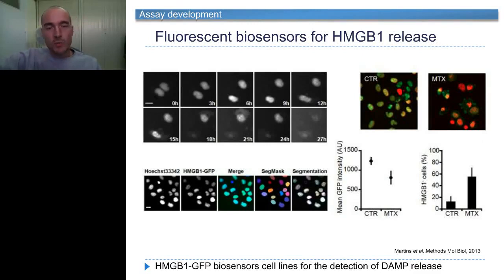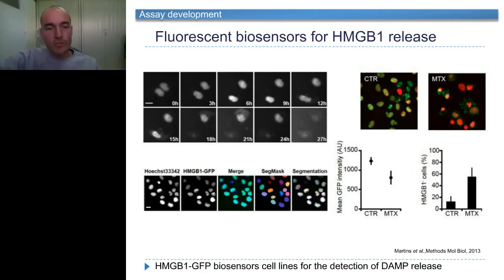One example which I would like to show you here is the fluorescent biosensor cell line that we generated for the detection of HMGB1 release. So as you can see here, what we did is that we used HMGB1-GFP expressing cells and we followed those over time here in these sequences from a movie.